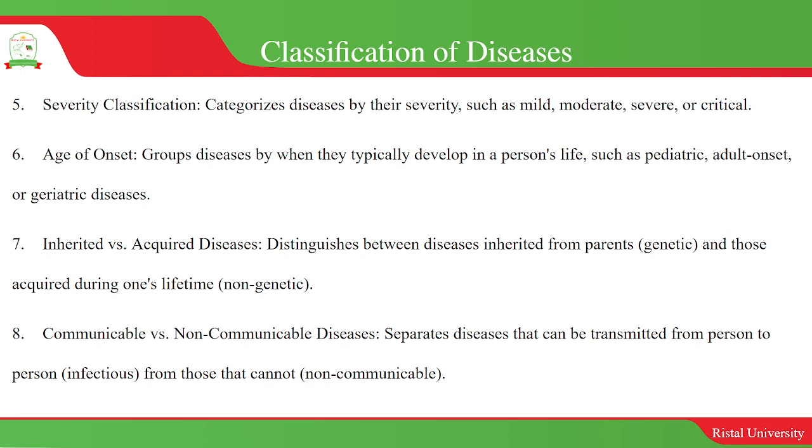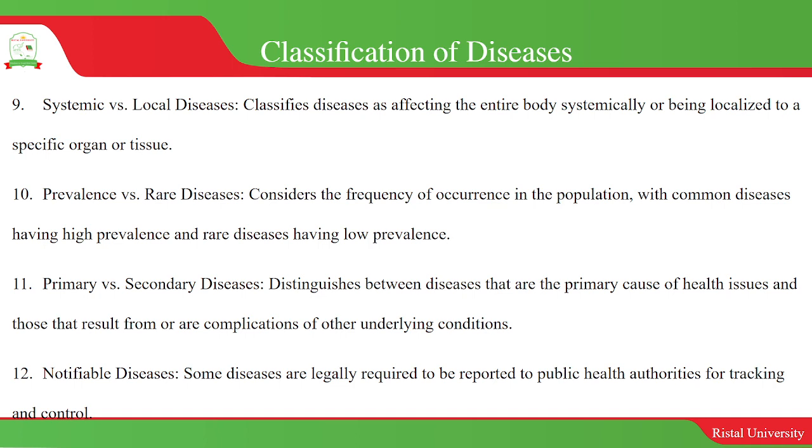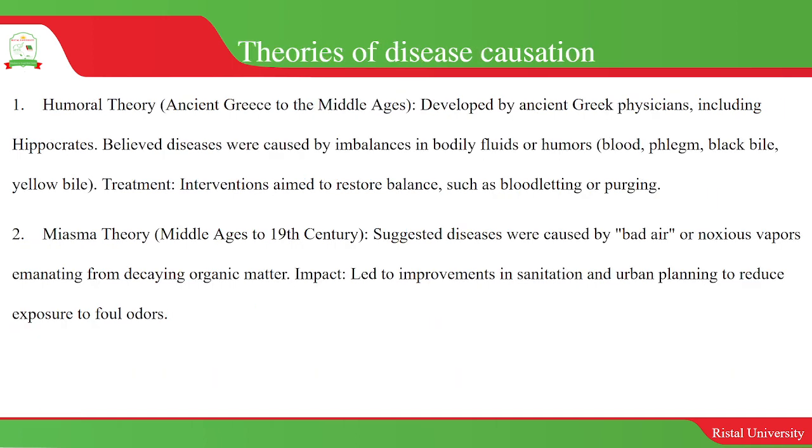They can also be classified according to the extent of severity, the age of onset, inherited or acquired, communicable or non-communicable, a number of really different classifications. So you move to the theories of disease causation.